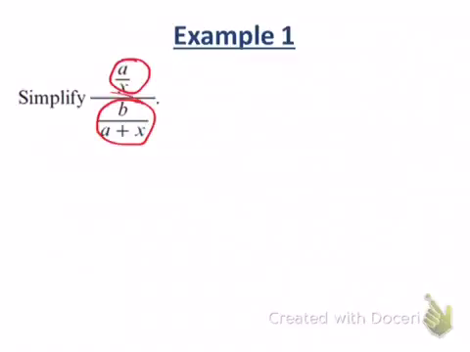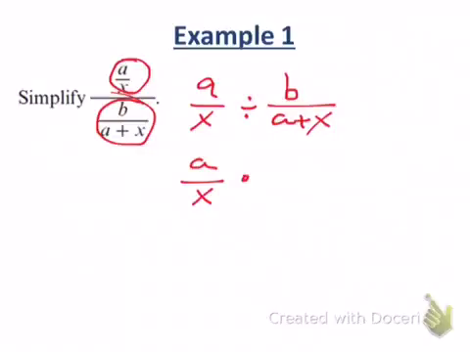And so I'm going to write this as a over x divided by b over a plus x, which is the same as a over x times a plus x over b.